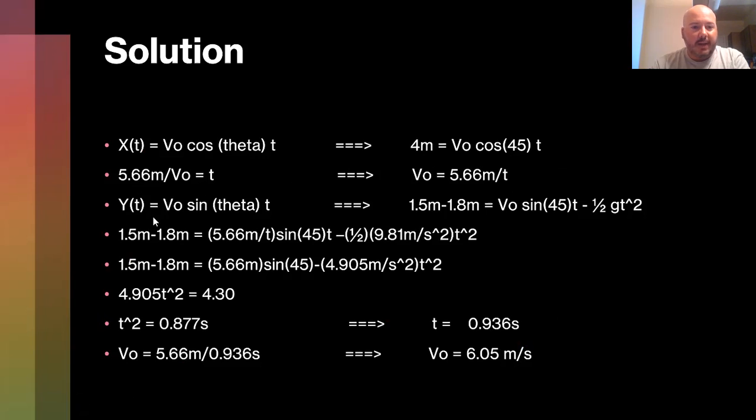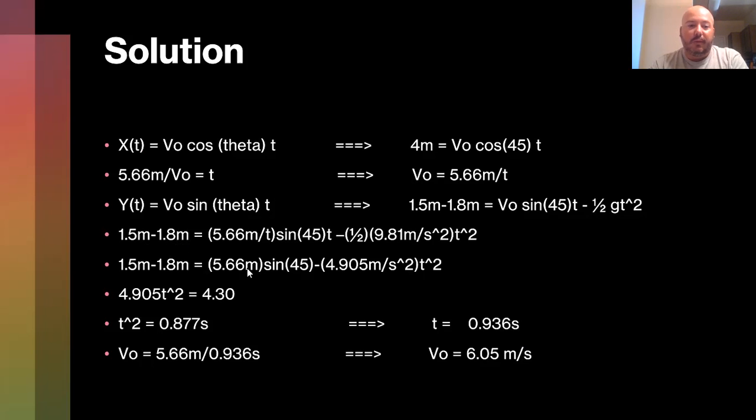Then we move on to y equals the initial velocity sine theta t, which turns into 1.5 meters minus 1.8 meters equals the initial velocity times sine 45 degrees times t minus 1/2 gravity times t squared.